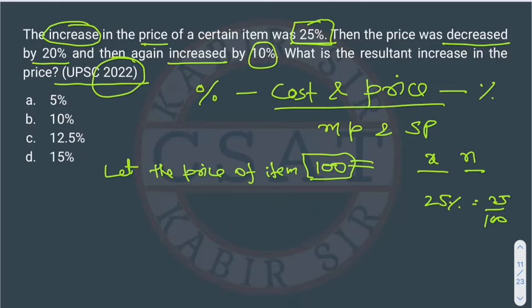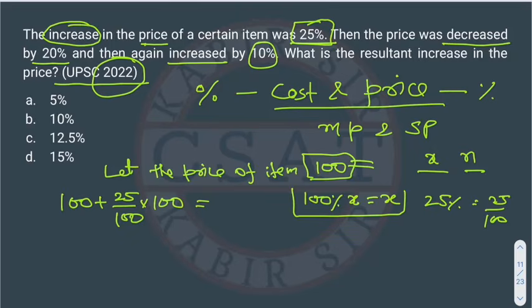Okay, so initially the price got increased by 25%. So in the unitary method we can write like initially it was 100 and then it got increased by 25%, right? So it will be like this. Okay, or we can directly say the 100%. In percentage there is one more concept, the 100% of some number, suppose x, is x, right?